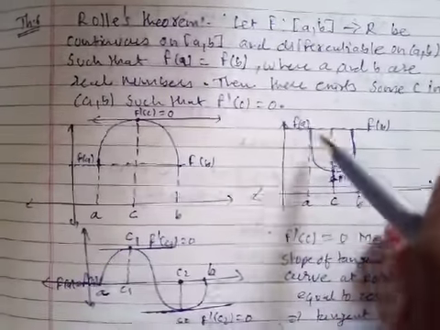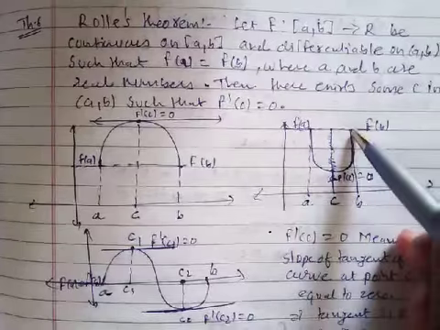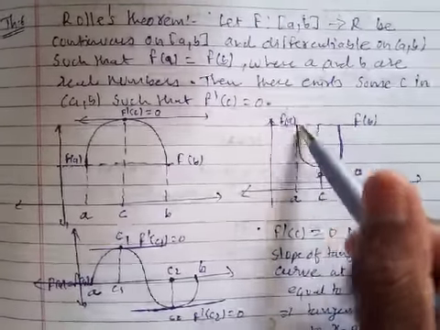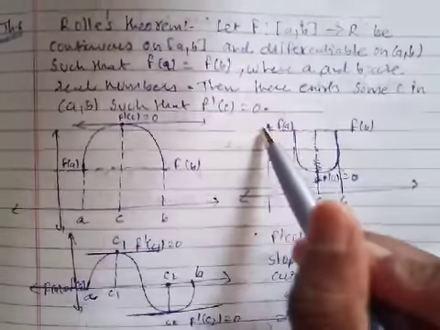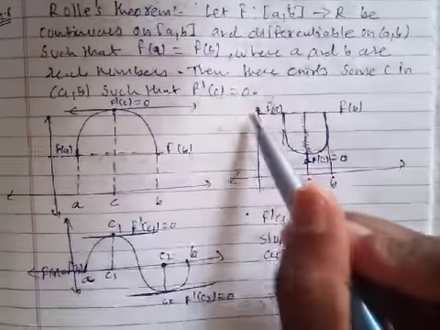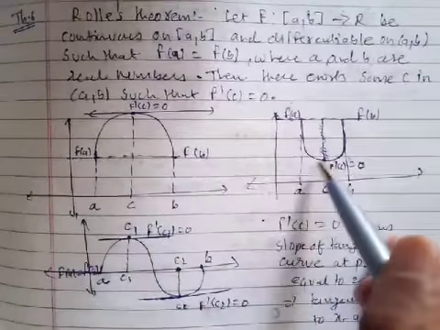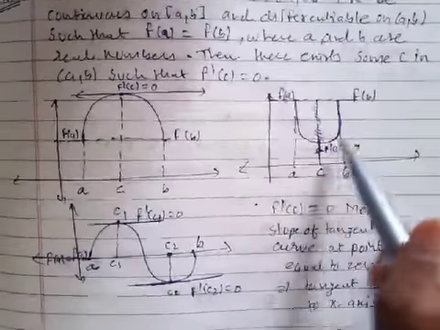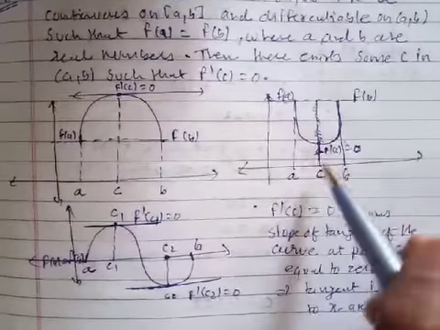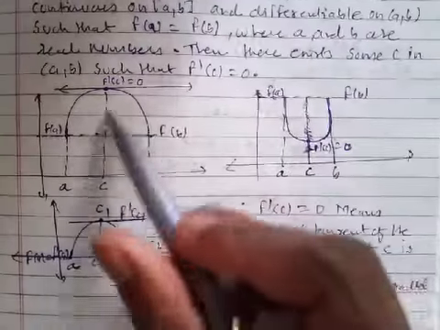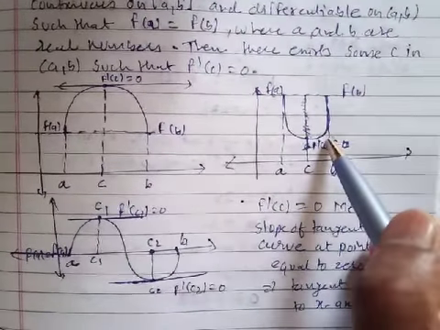If we take an upper curve like this, suppose here it is f(a), here f(b). If you draw the tangent here at point c, again it is parallel to the x-axis, and the slope will be equal to 0. Any curve you can take.